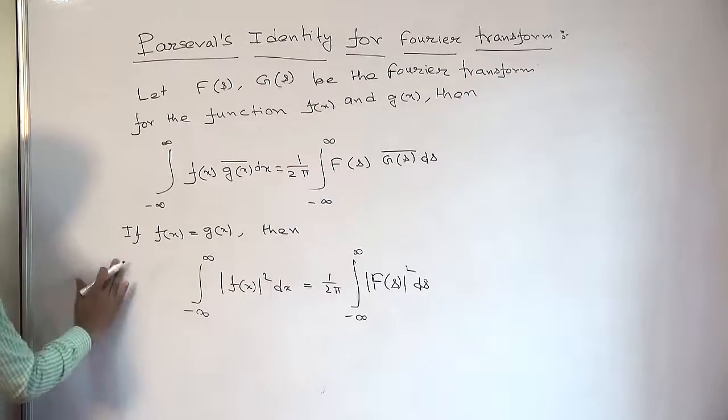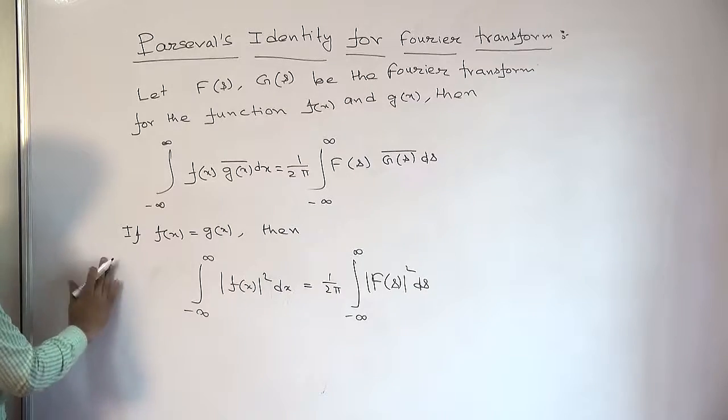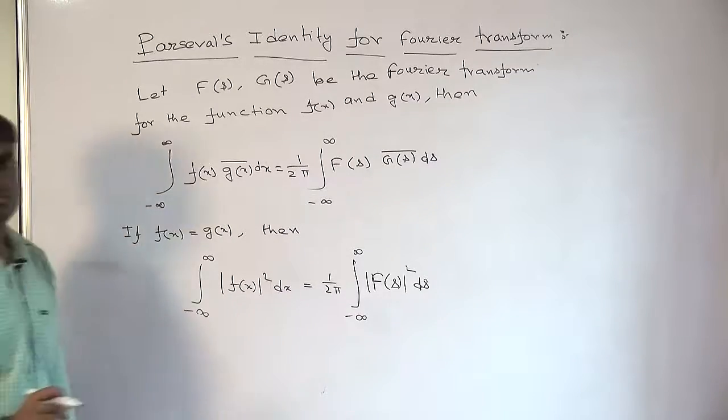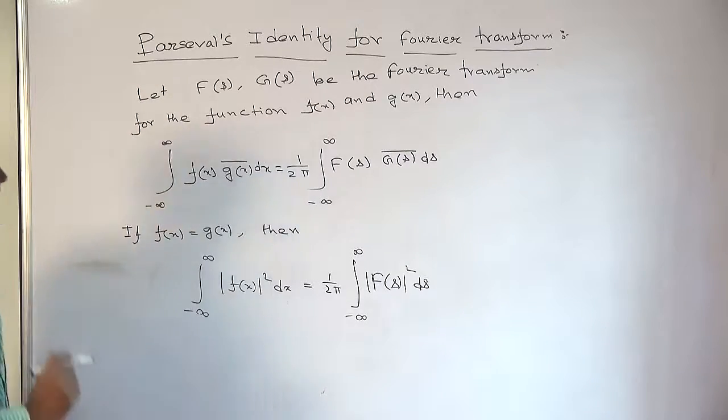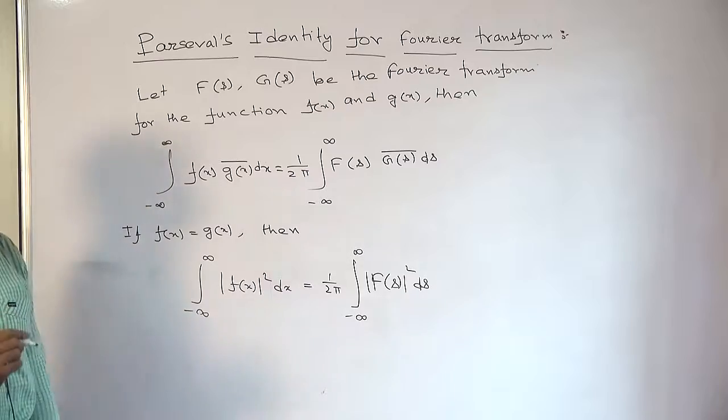So this is the Fourier transform using this Parseval's identity.